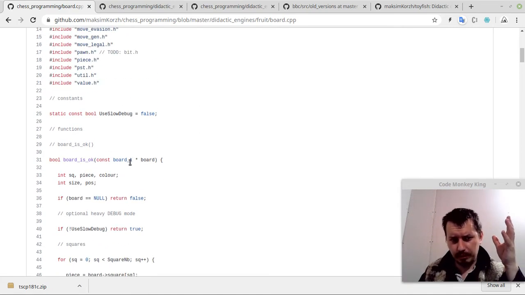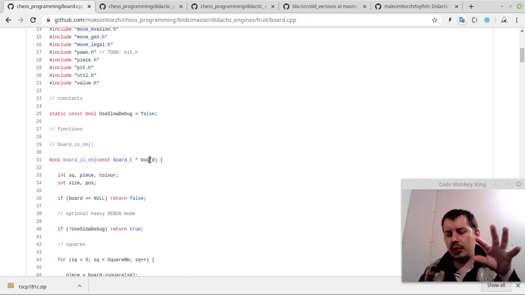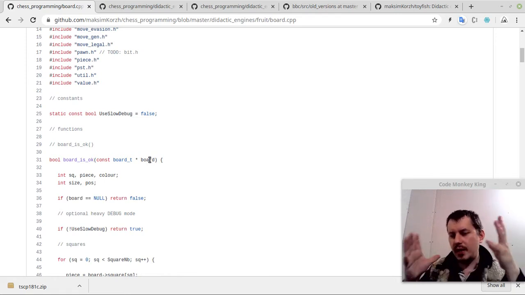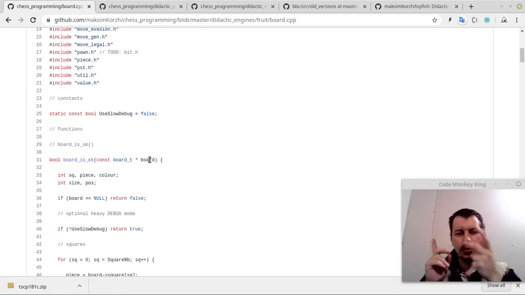We only have the board structure, the only structure, and it already contains all the data sets, like the board positions, en passant capture square, castling rights, all the stuff the engine actually needs, plus some additional structures like major pieces, minor pieces, and so on.